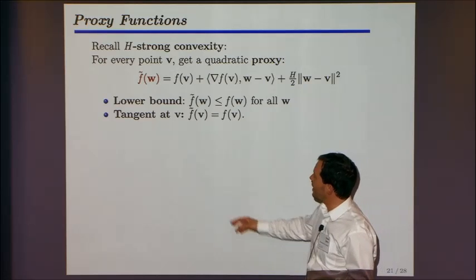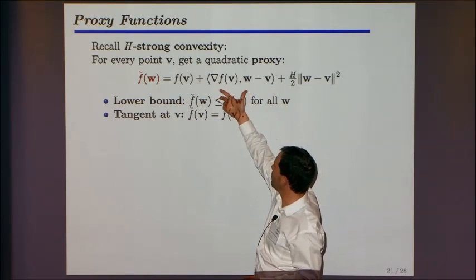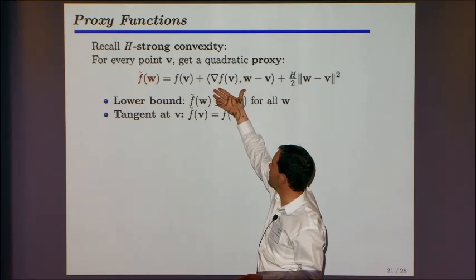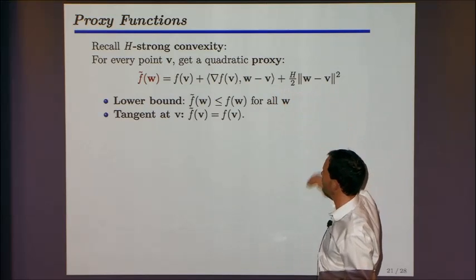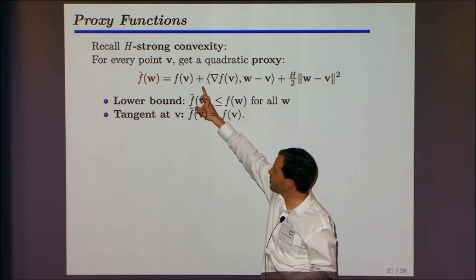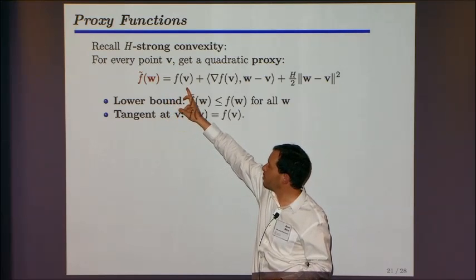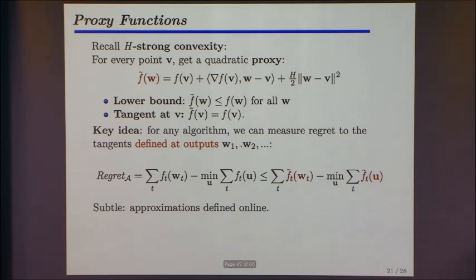At any given point v, you can develop this quadratic approximation. It's basically like a Taylor expansion. You take the gradient times w of v, that's the linear component, and then this quadratic component. What we get is that f tilde equals f at v, and in general it's always a lower bound for f.